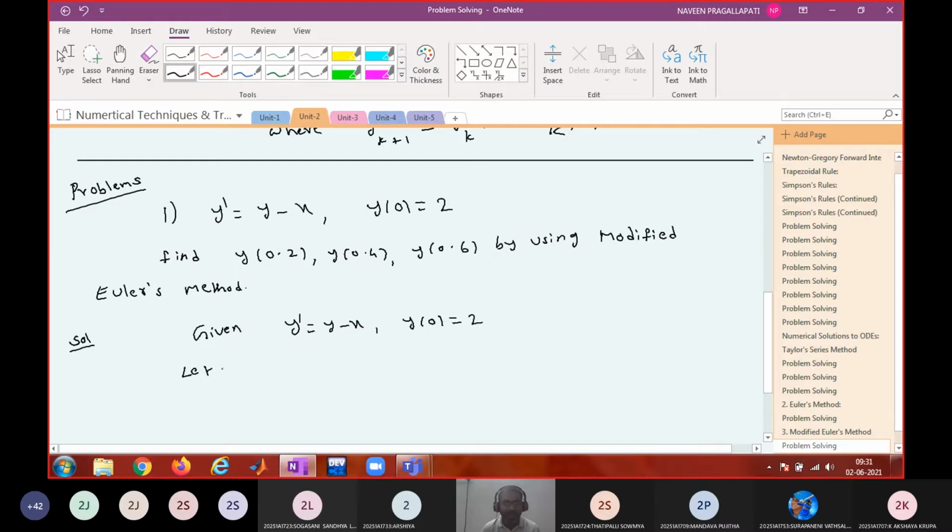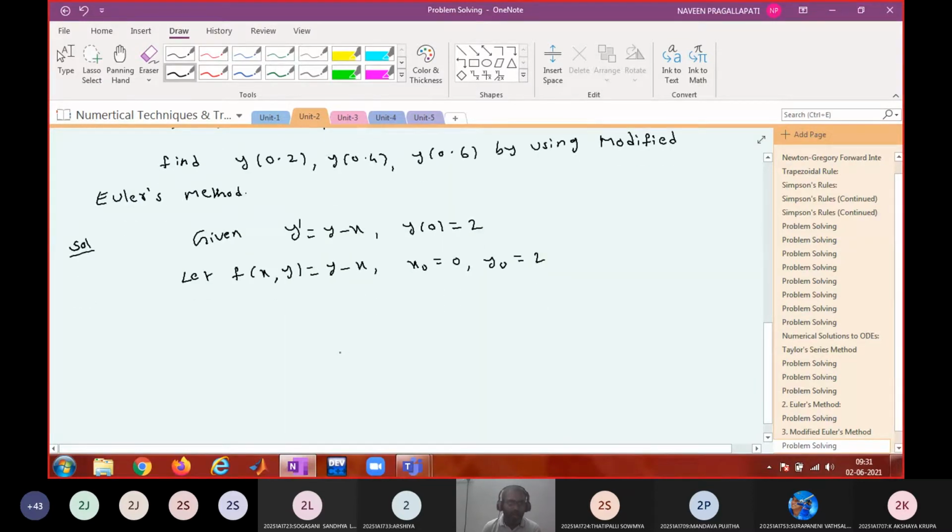So let f of x comma y be y minus x, and x naught is 0, y naught is 2, because y of x naught equals y naught. So apply the modified Euler's method. I'm going to use it only one time. For more accuracy, you can repeatedly use the corrector formula, as I said.